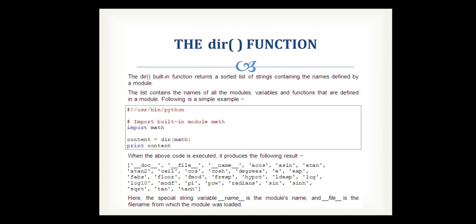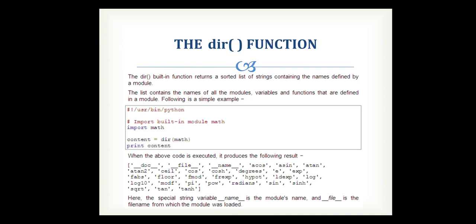So next is the dir function. The dir built-in function returns a sorted list of strings containing the names defined by a module. The list contains the names of all the modules, variables and functions that are defined in the module. Following is a simple example: import math, and content equals dir(math).